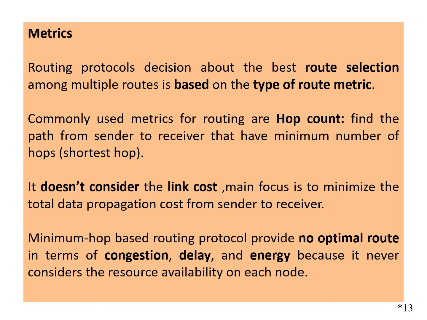Metrics. The routing protocol's decision about the best route selection among multiple routes is based on the type of route metric. So what metric would you use in real life when you move from your house to university, and there are two paths, one path is 4 kilometers and the other path is 10 kilometers long?